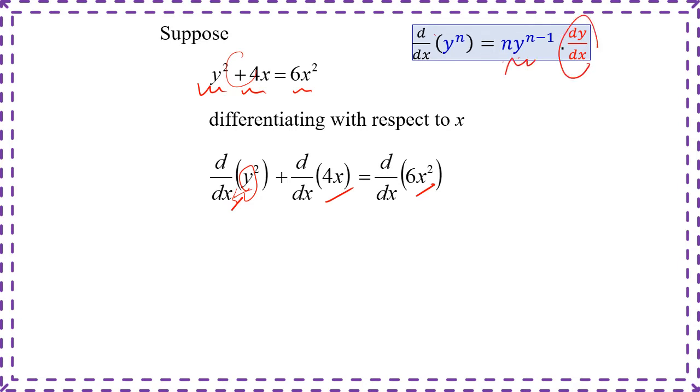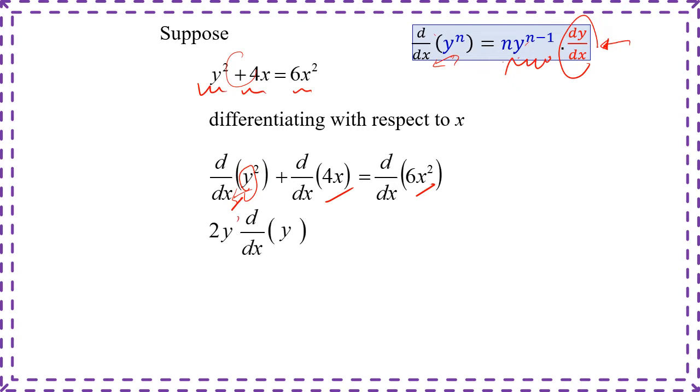The normal thing here, as we use the basic rule, is n y to the power of n minus 1, but because it's not the same variable, we have to multiply by dy/dx. That is the only extra thing in implicit differentiation. Now n is equal to 2, so it will be 2y to the power of n minus 1, so 2 minus 1 is 1.